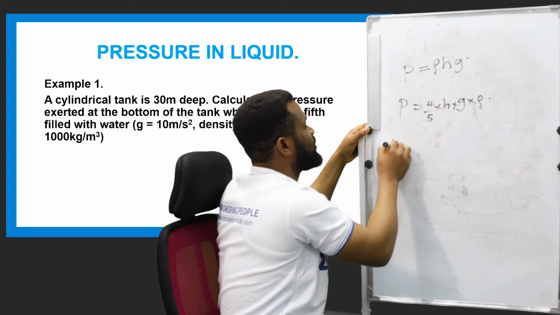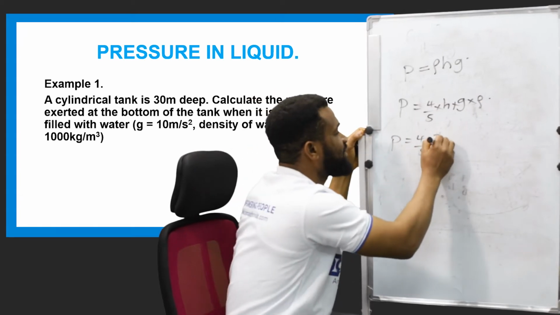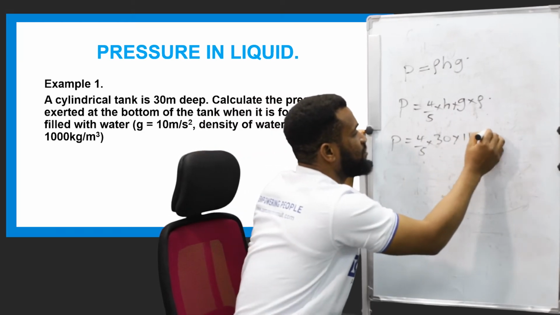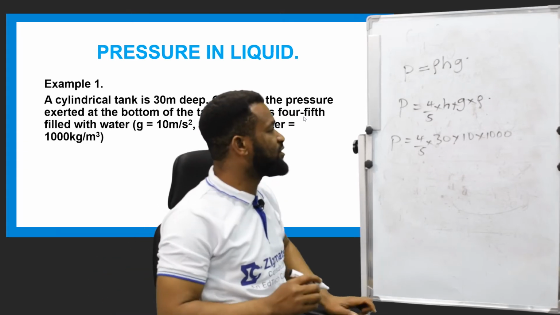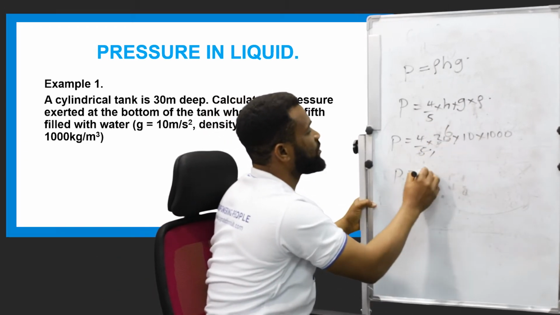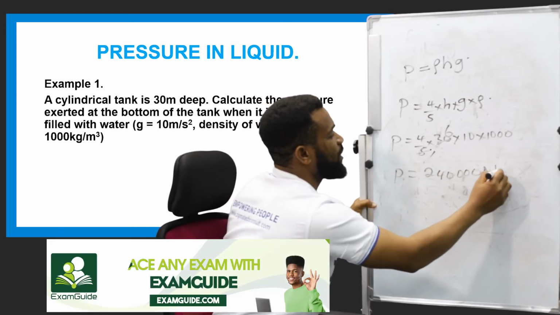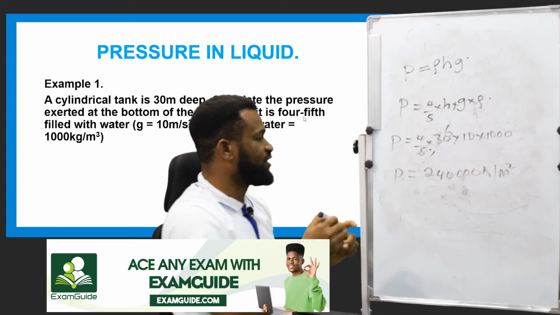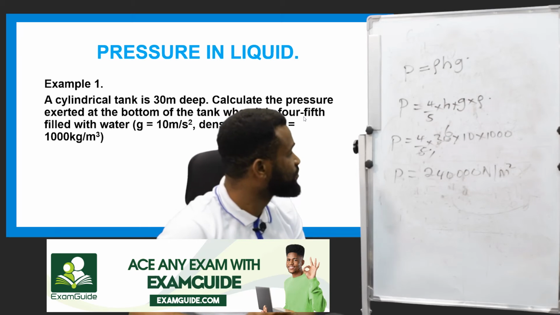So the pressure is 4/5 times height, which is given as 30, times acceleration due to gravity, which is 10, and then density is 1000 because it's water. So at this point, 4/5 of 30 is 24, and we have 240,000 Newton per meter square. Yes, Newton per meter square. And this is the pressure according to this question.